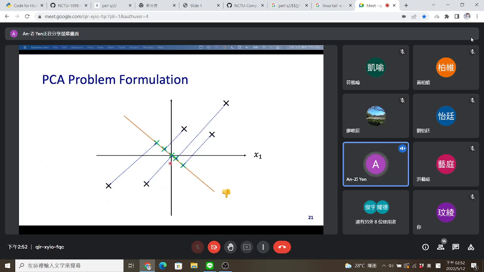So this point has to move a huge distance in order to get onto this line. So PCA will choose the red line in the previous slide rather than this line.